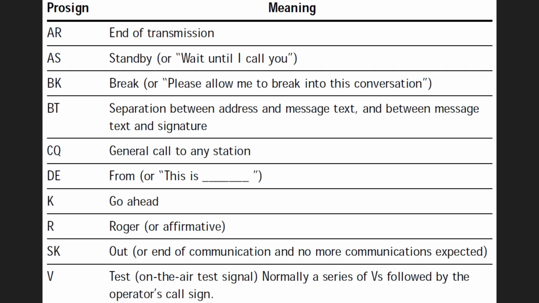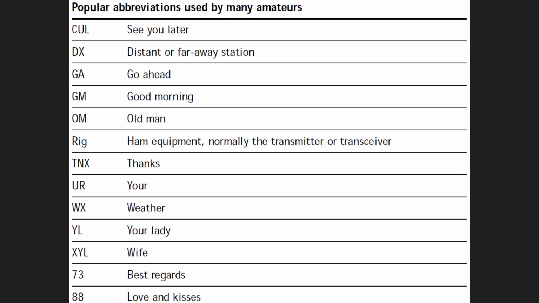Like 73, it's very easy to hear. Once you hear it once, you never miss it. When someone types it, you straight away recognize 73 rather than some other message.